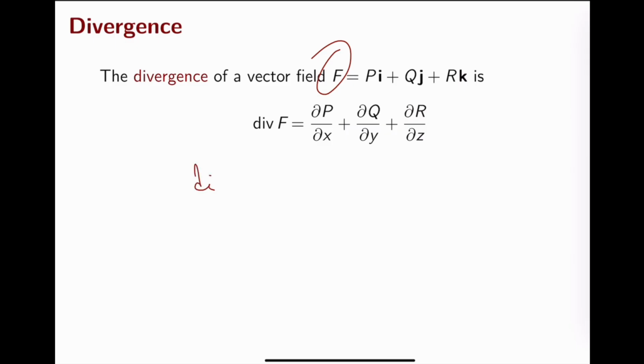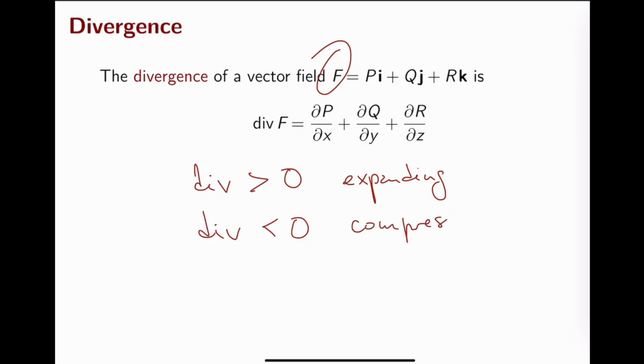If the divergence at a certain point is a positive number, we could say that the vector field is expanding. If the divergence at a certain point is negative, we could say that the vector field at that point is compressing. So in other words, when the divergence is positive, we can say that the vector field is divergent from the point.